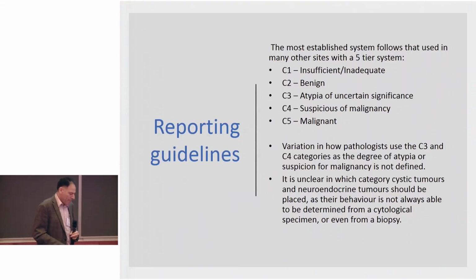So using this methodology, in the vast majority of cases, we do get material which we can get a diagnosis on, looking at material in the clot, as well as getting samples that we can examine in a more conventional cytological way.